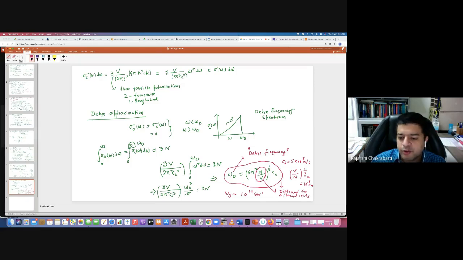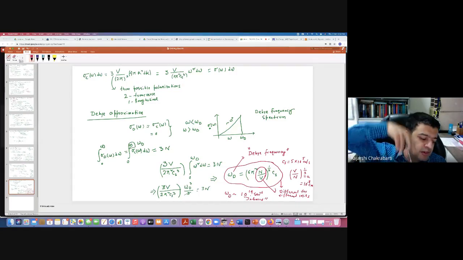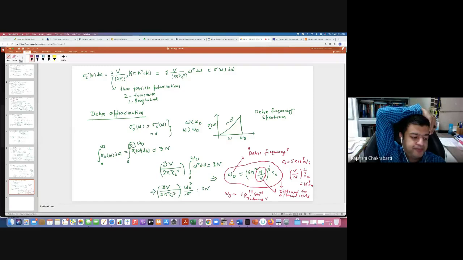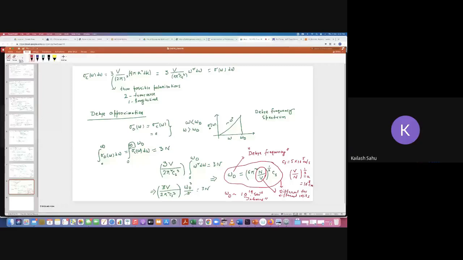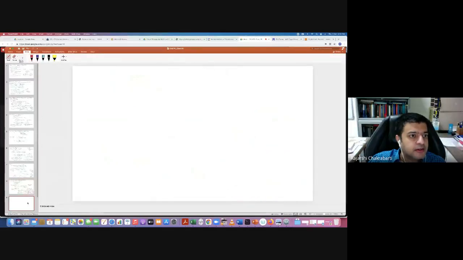So if you calculate, it is going to be 10 to the plus 14 second inverse. What is this? This is actually infrared. You can check, this frequency is in the infrared spectrum. Is this clear so far? I have some time, but it is better I do it today.